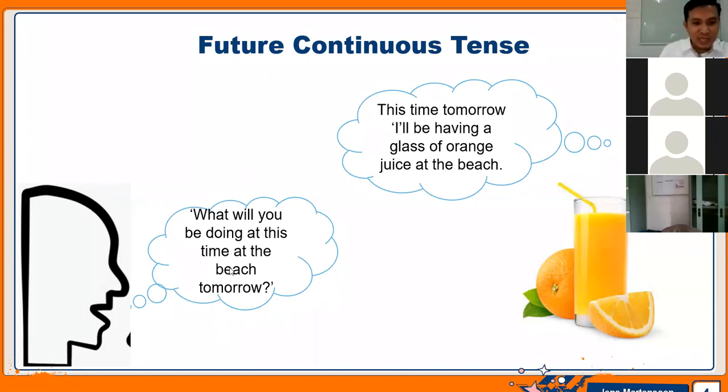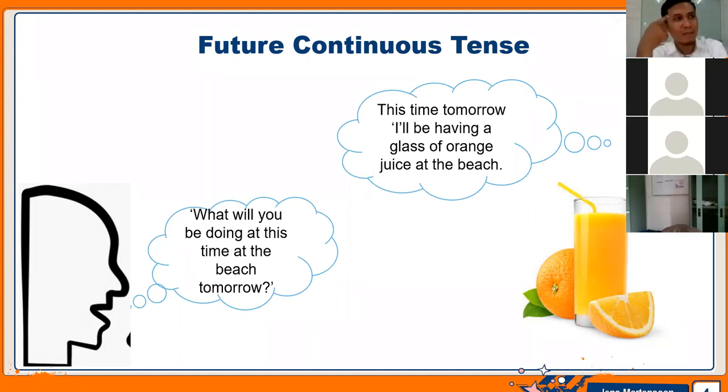Yeah. So at this time now is 8:20. Okay. And then what will you be doing at this time at the beach tomorrow? Okay, this time tomorrow I will be having a glass of orange juice at the beach. So it's just like he is imagining something.